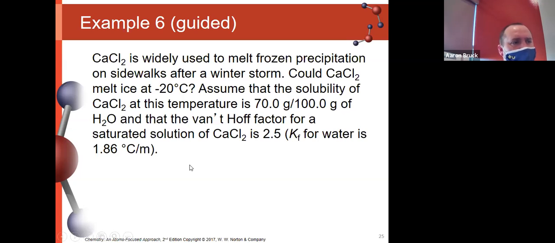All right, so we're over here then. We started to look at example 6 on Friday. And after we looked at example 6, we kind of went into a little side tangent about the Van Hoff factor, because the Van Hoff factor is an important part of this particular study. Now, since calcium chloride is an ionic compound, we have to take into consideration its Van Hoff factor.